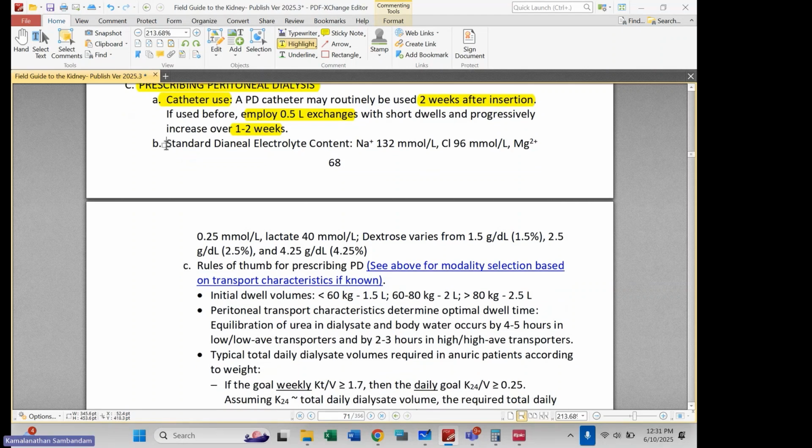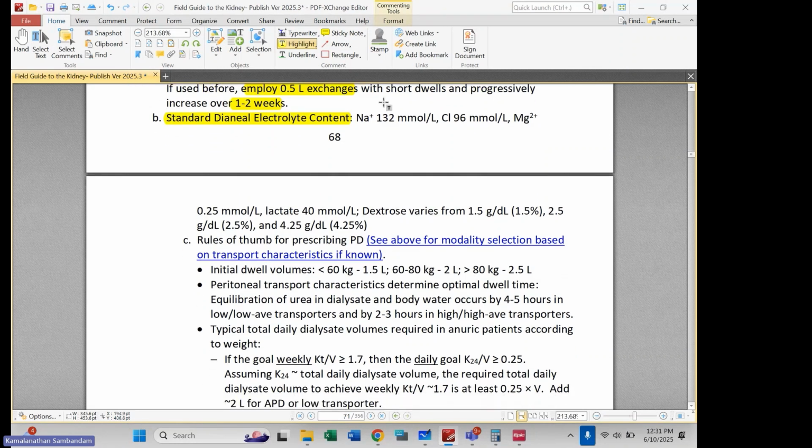Okay, the standard dialysate electrolyte content is provided to you. You can see that the sodium concentration in the dialysate is a little lower than quote unquote normal in order to ensure that there's a gradient for sodium flux into the abdomen.